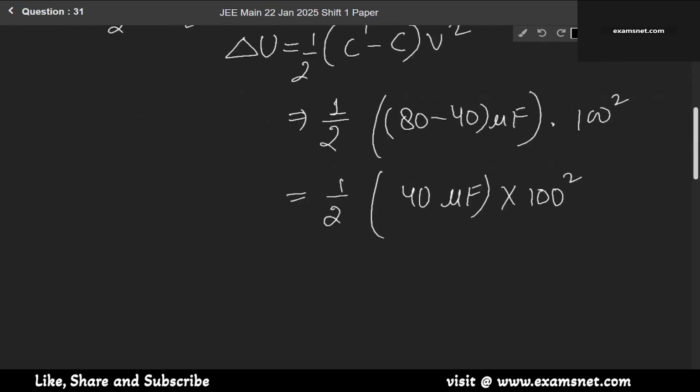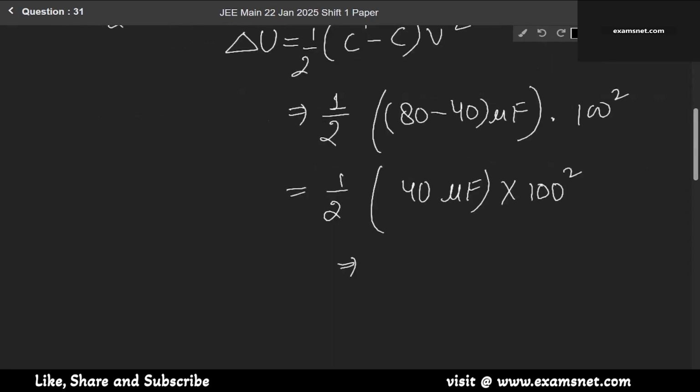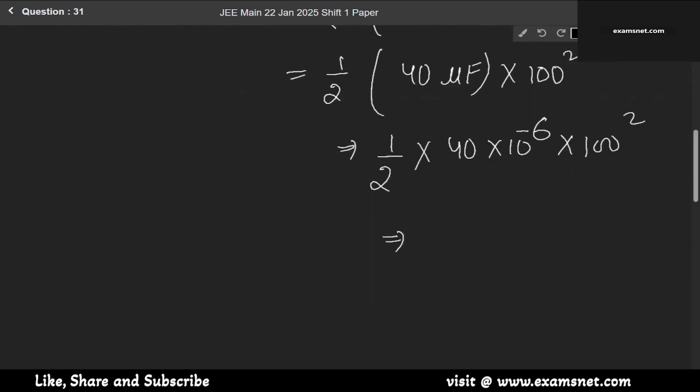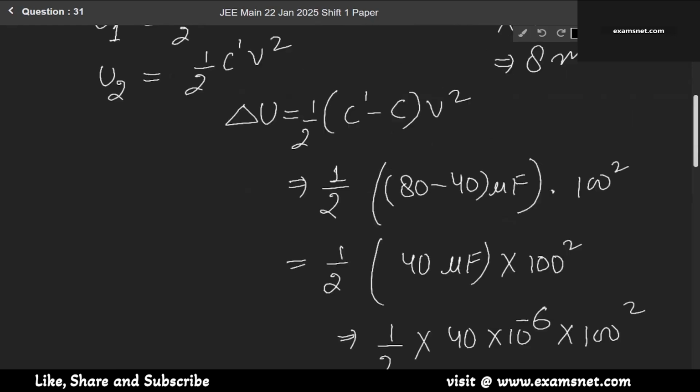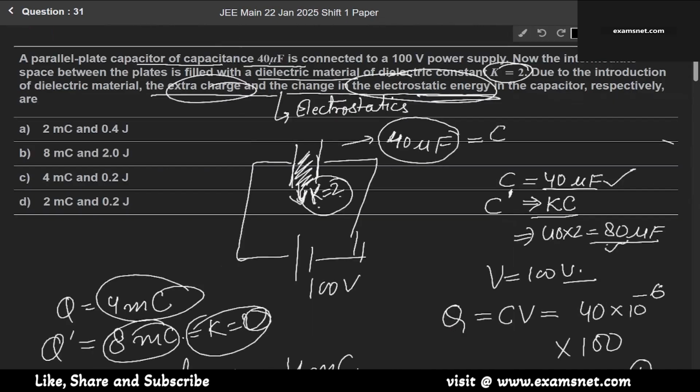After solving it, we get 1 by 2 into 40 into 10 to the power minus 6 into 100 square. So the answer will be 0.2 joule. Okay, these are our final answers. So among these four options, 4 millicoulomb and 0.2 joule means option C is the correct answer.